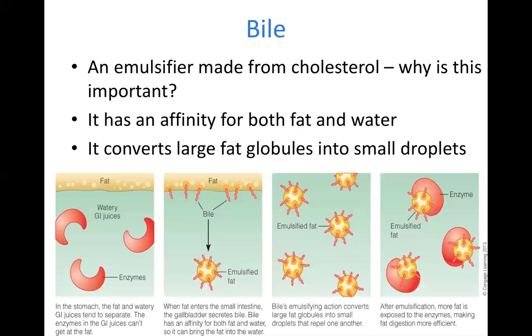And so bile allows fat to go from this floating top layer, like in the salad dressing, to intermixed. And once the fat is intermixed into the bloodstream, it can mix with enzymes, and enzymes can bind to the fat to break it down.